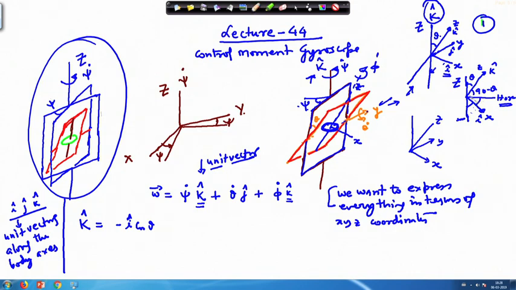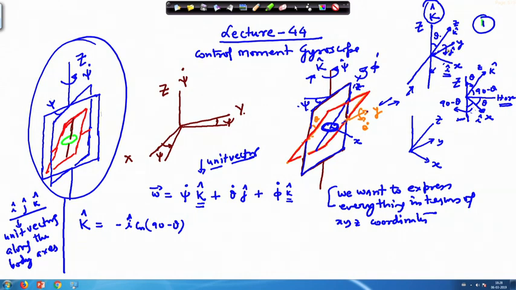Similarly, if you rotate here by theta, the x which was horizontal initially will go down, and this angle will be 90 minus theta, okay. And therefore, this will be cos 90 minus theta, and then this rotation has taken place about the y axis.